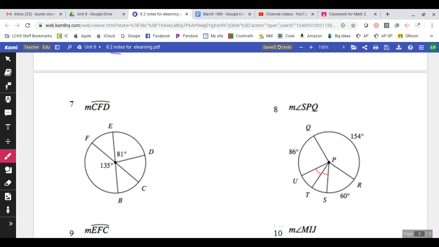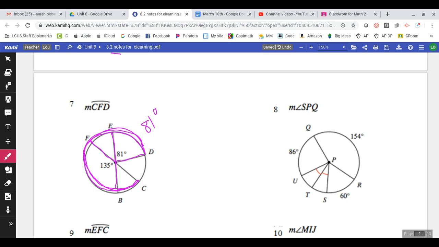Okay, so the measure of arc CFD. That means I have to start at C, go around to F, and end up at D. So that's almost everything here. I need to use some properties of angles. I know that this angle creates an arc of 81 degrees.